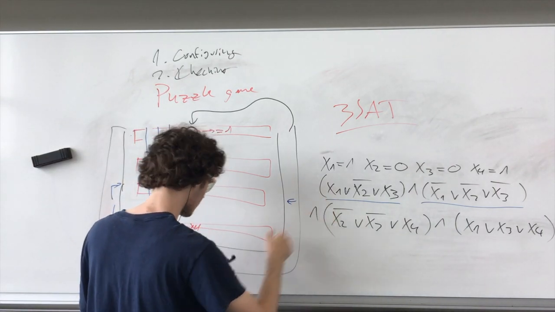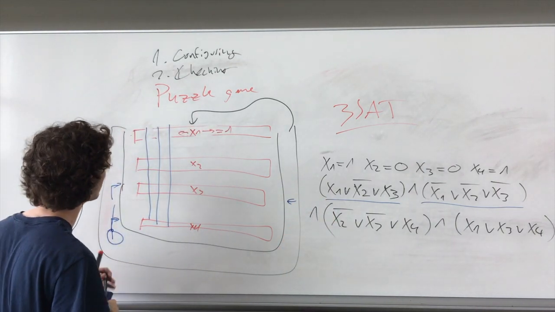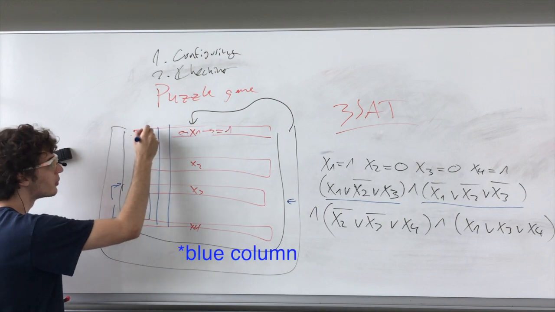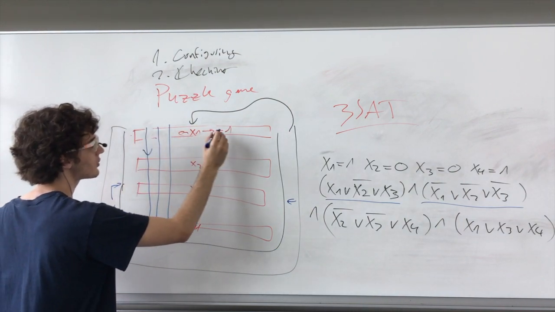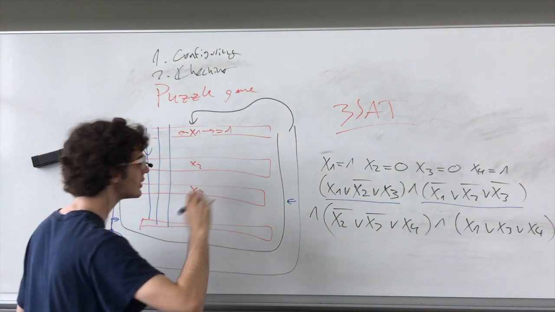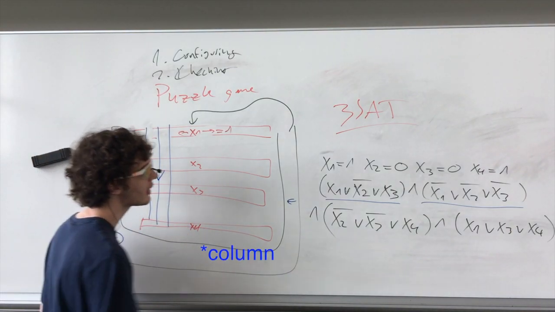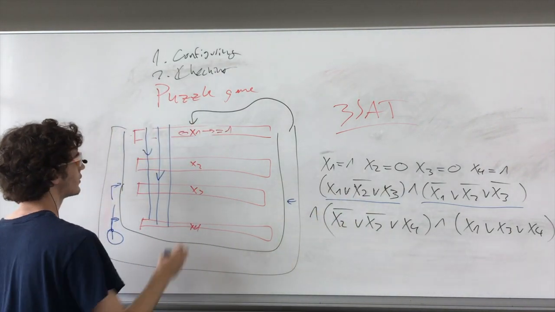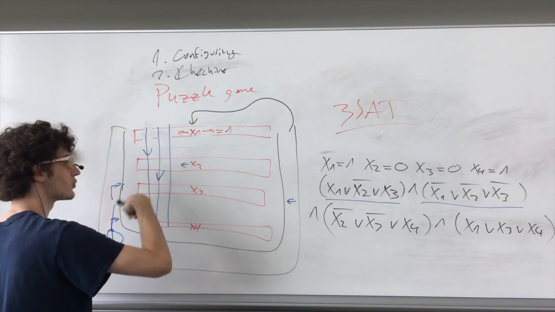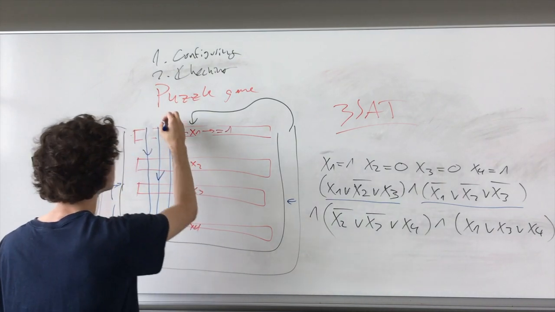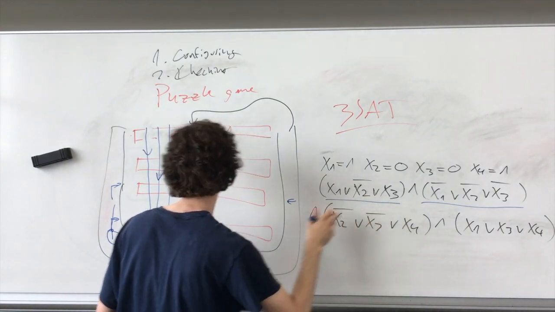If we have x1, he will only be able to pass through the first blue row if x1 is equal to 1. He will only be able to pass through the second row if x2 is equal to 0, so x2 would have to be pushed to the left, and he will only be able to pass through the third if x3 is equal to 1.